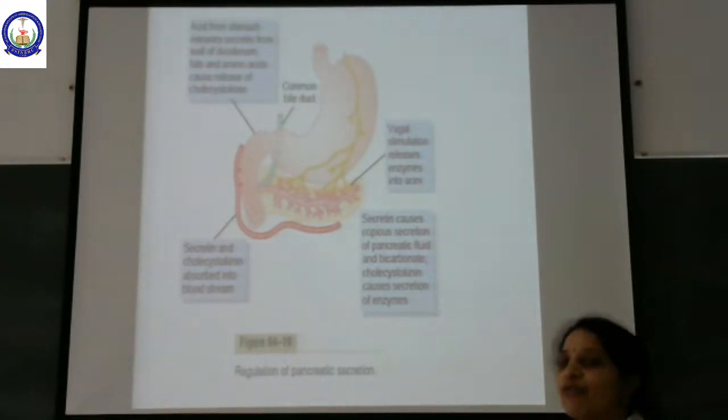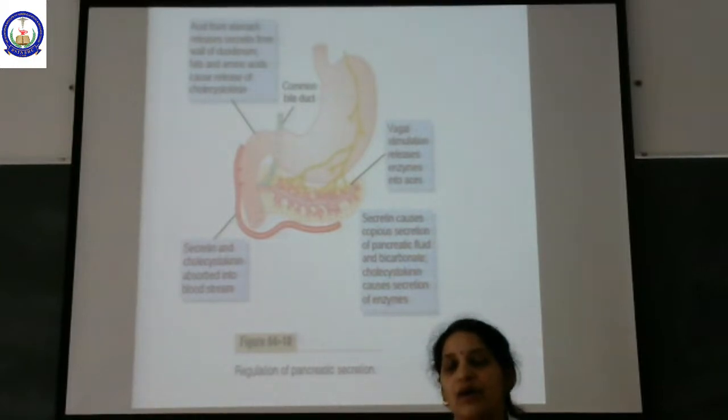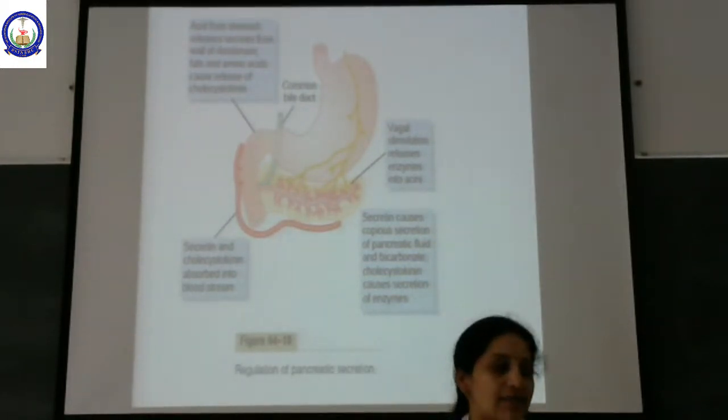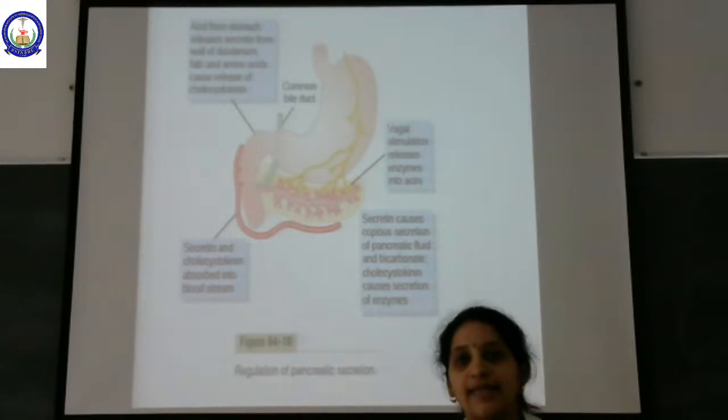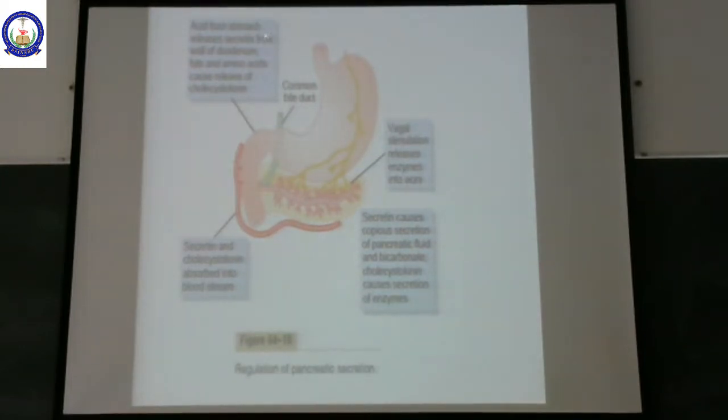When the contents of food enter the stomach, what we call chyme, here in the stomach we have two important hormones released. One is secretin: the acid from the stomach enhances the release of secretin from the walls of the duodenum.